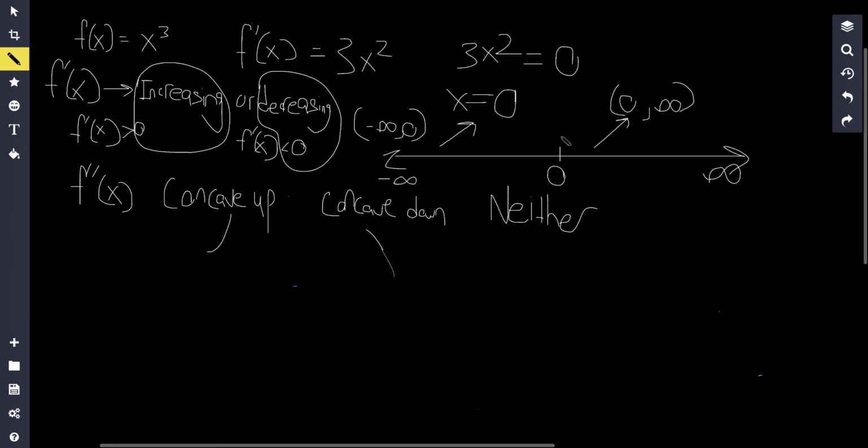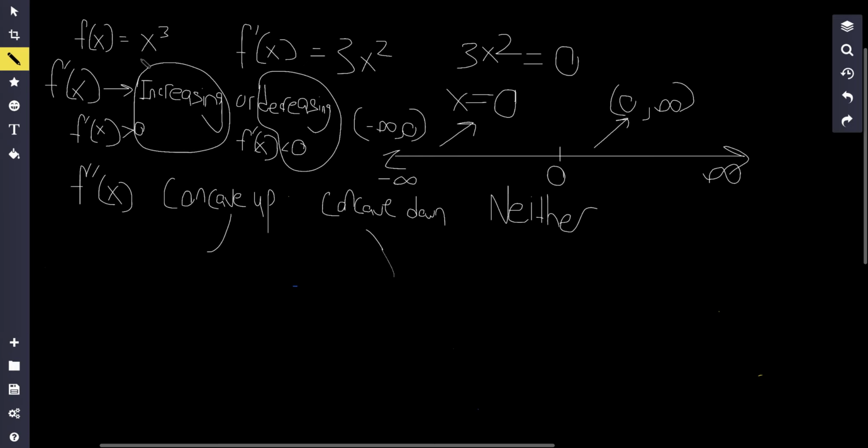And I also found out that from 0 to infinity, not including 0, my function is also going to be increasing. And this is how you apply the first derivative, right? Hopefully y'all have learned how to apply the first derivative in terms of critical points: when you set the first derivative equal to 0, find out if the function is increasing or decreasing at certain intervals. In the second derivative, it's a very similar process, all right?